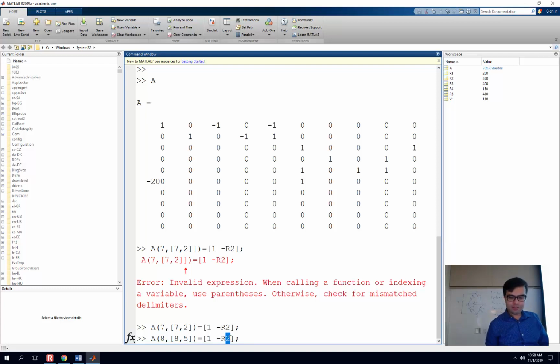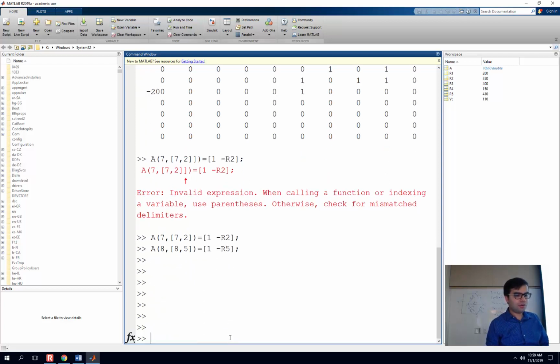And I have 1 and negative R5. Then line 9. I have BD negative R3, I3. BD is 10. I3 is 3. 1 and negative R3.